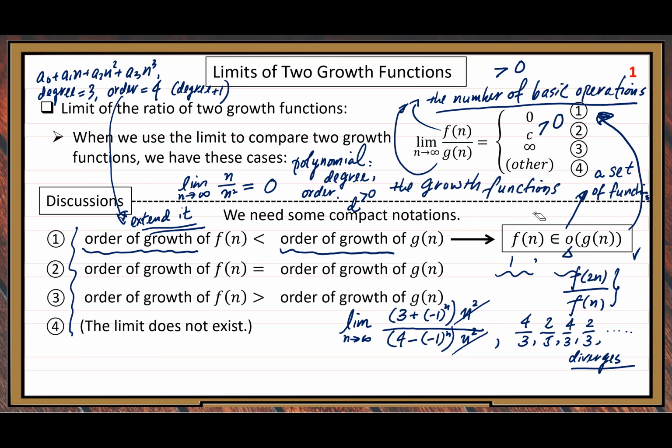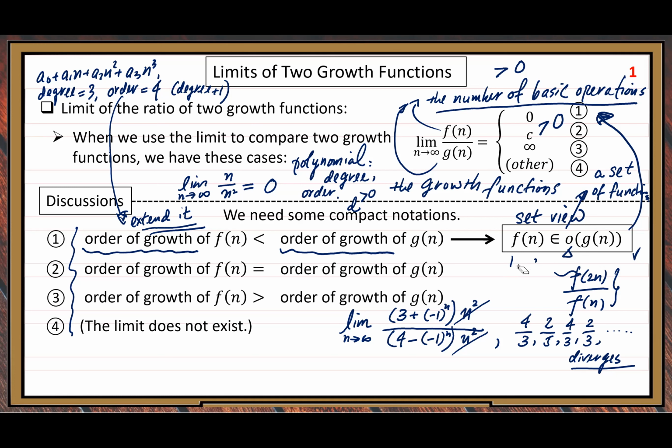So you put all those functions in one set, and f of n belongs to that set. That's the meaning. Here, in this expression, we use the set view.